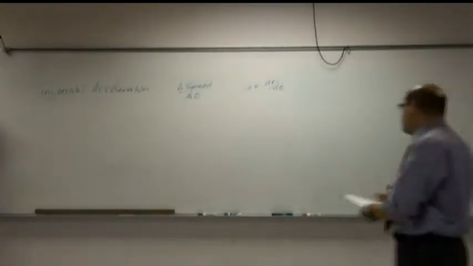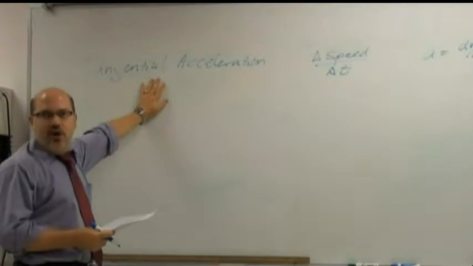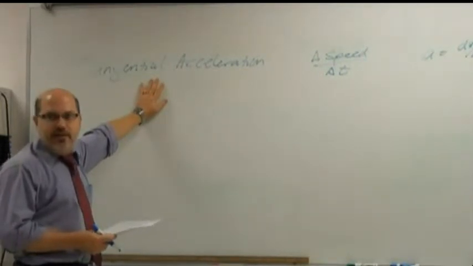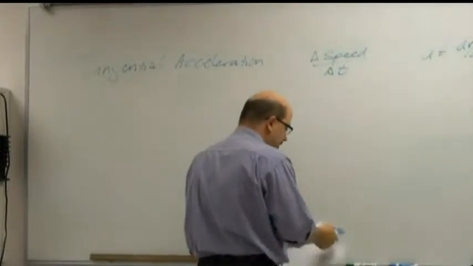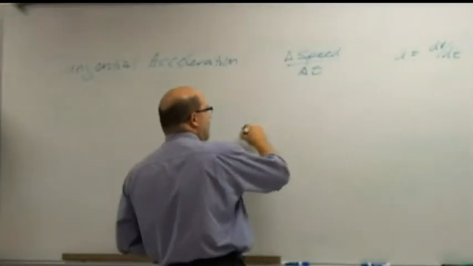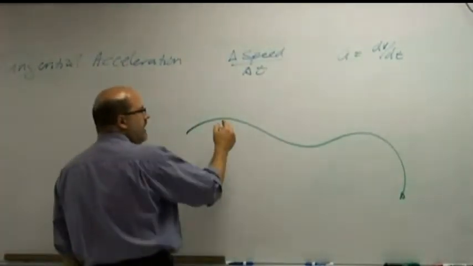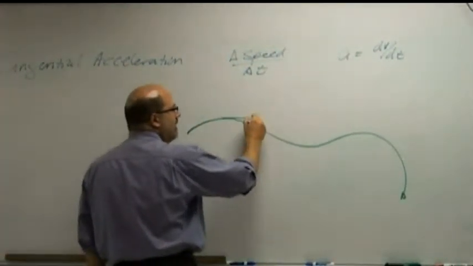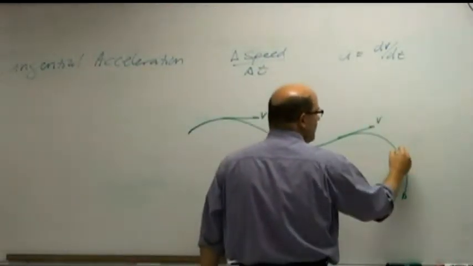Remember that tangential acceleration is always parallel to the path you're going. If you have some object traveling in some weird direction like this, velocity is always tangent to the path, no matter what.